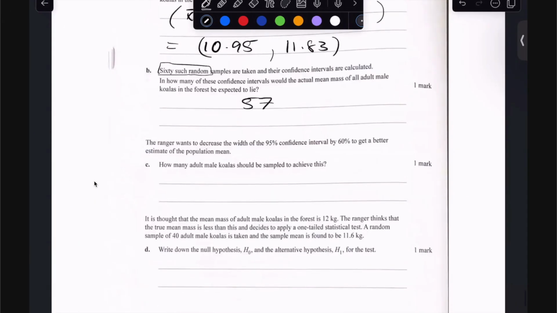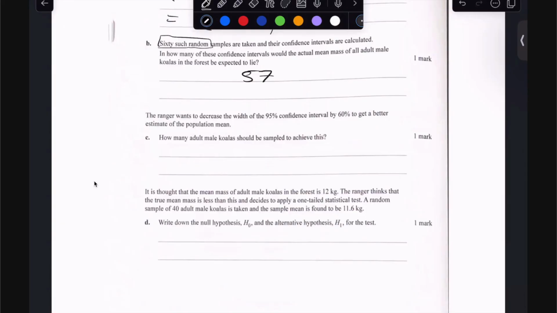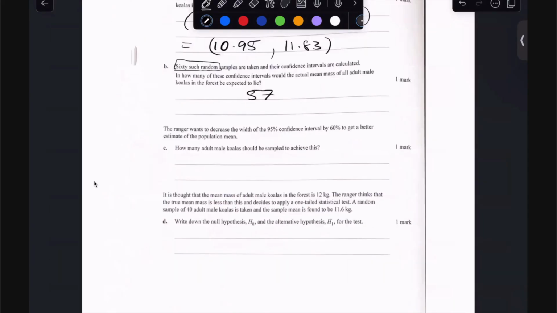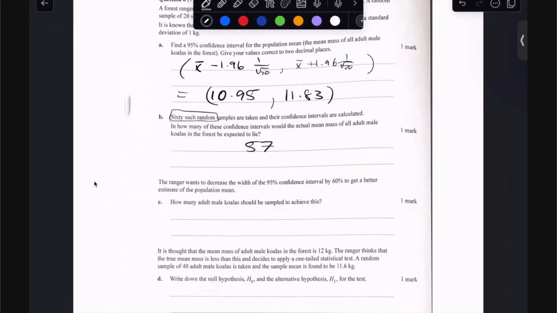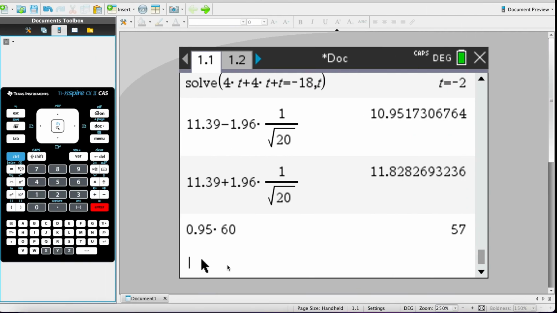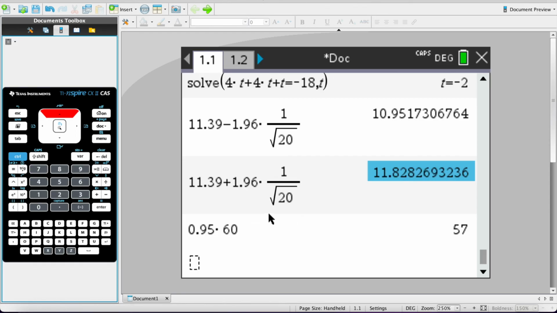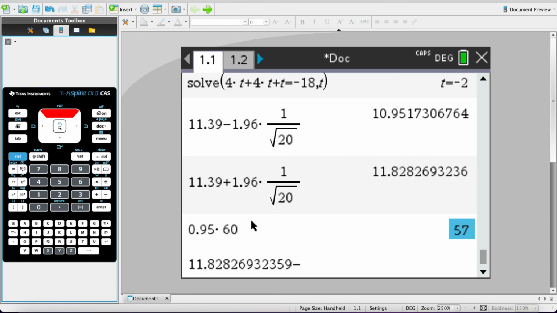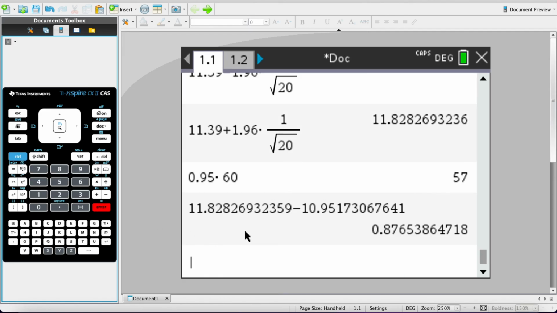The ranger wants to decrease the width of the 95% confidence interval by 60% to get a better estimation of the population mean. How many adult male koalas should be sampled to achieve this? So the width is how much? The width is this minus this, which is that.